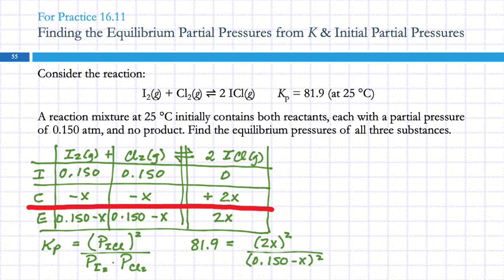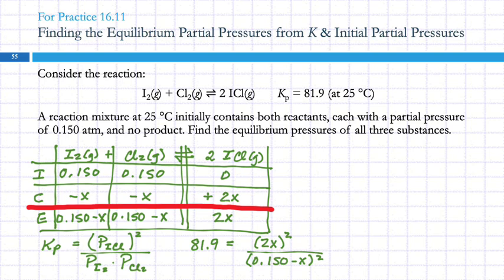And again, I'm going to use my solver. So I've got 81.9 on the left. I've got the quantity 2x squared. I forgot to push the button. Oh, that's cool. I pushed it and now it made a fraction.